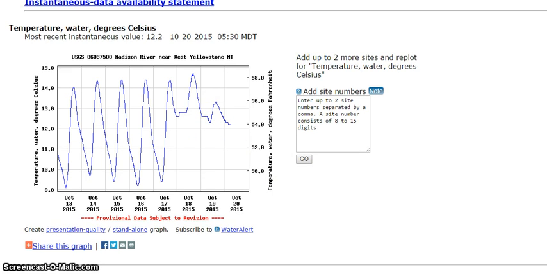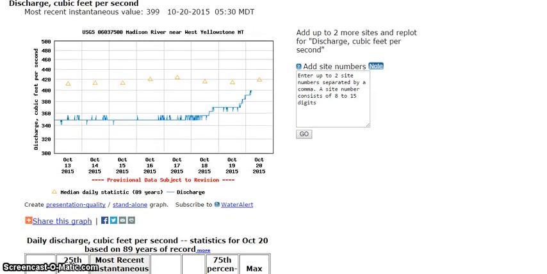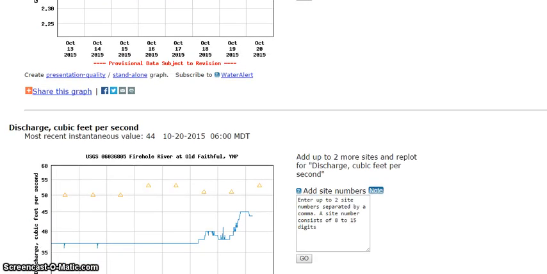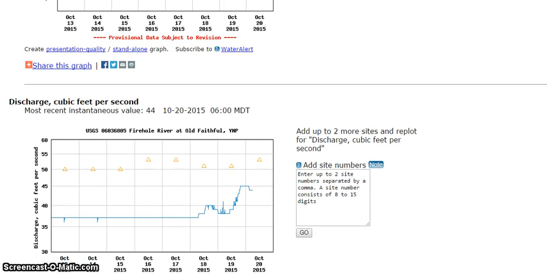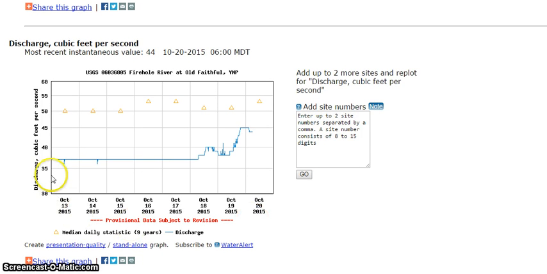Now this coincides with the 18th there. It's a lot easier to see on one of the graphs from the other devices. Here you have the discharge level, between about 37, and then again at the 18th when Yellowstone water was heating up, the discharge and steam went with it, and peaked up there to 45.